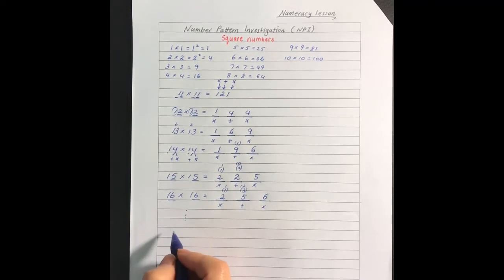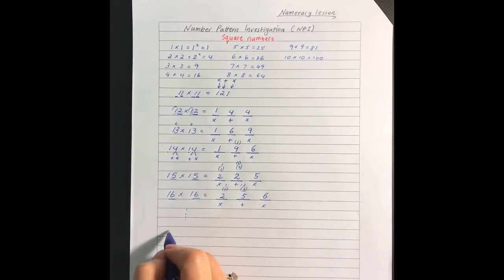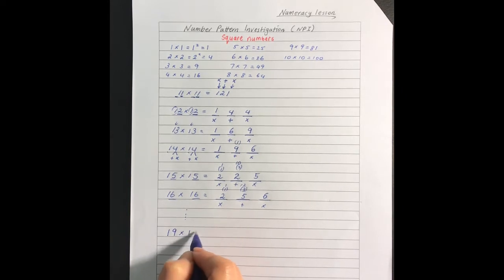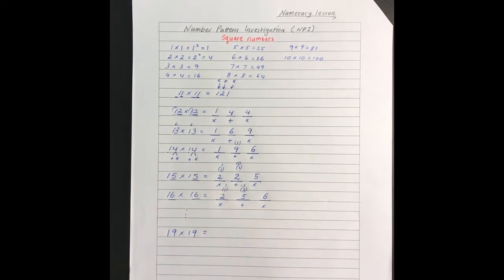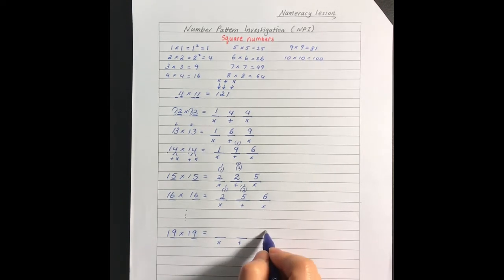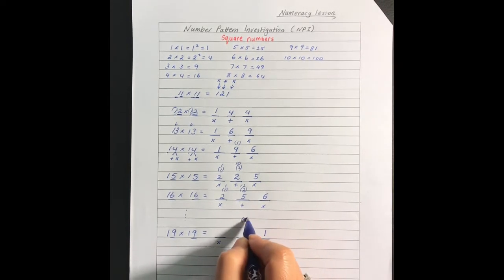Okay, so that goes on. But then you might say, Miss Yan, what about 19 times 19? Let's do some big numbers. A little bit big, not too big. Okay, let's do that. Now I'm going to go with 9 times 9. Have to think a little bit more. It's 81. So 1 down, 8 up.